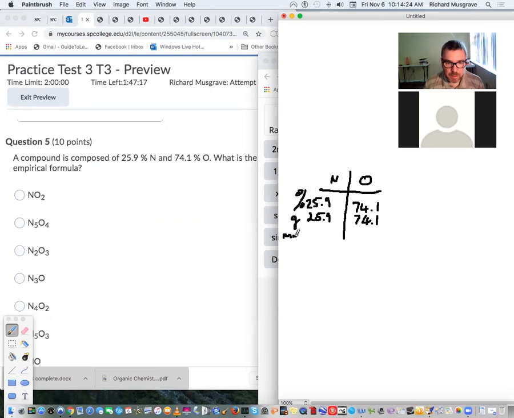The next thing we do is we calculate how many moles of each we have. And we do that by dividing by the atomic mass of the atom. So we've got 14.0.